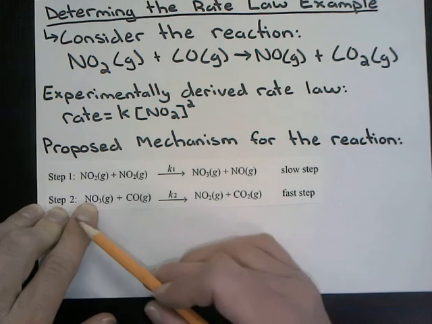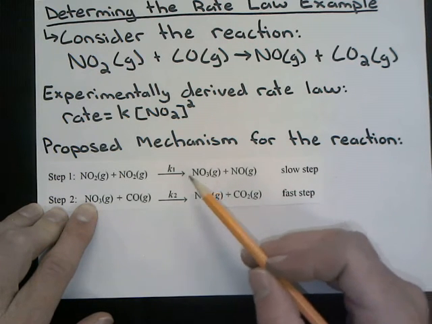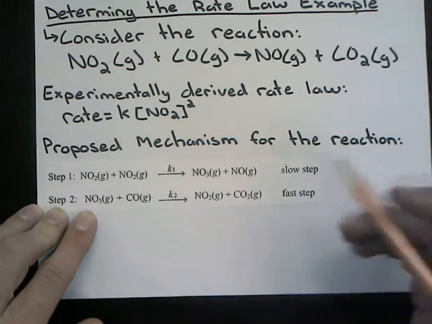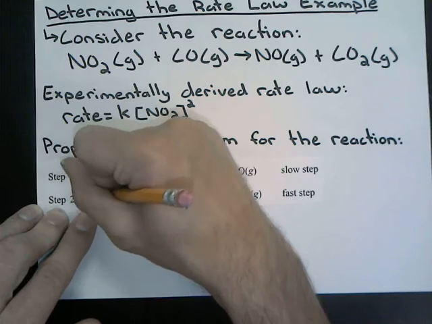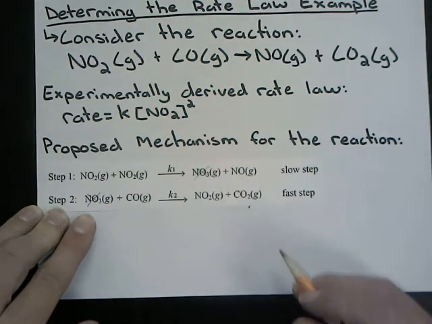NO3 is on the reactant side of the bottom equation and on the product side of the top equation. Because they're on opposite sides of different equations, we can cancel these out. I'm just going to cancel those by drawing a light pencil line through them.